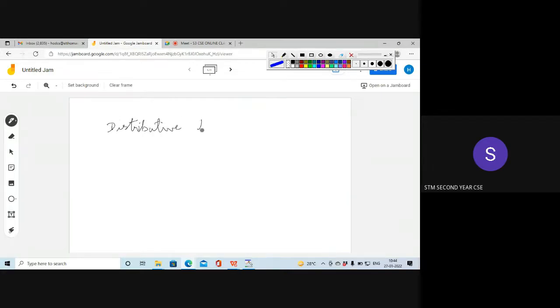A distributive lattice is a lattice that satisfies both the distributive laws. Now, what are these distributive laws? We had studied earlier what distributive law is.